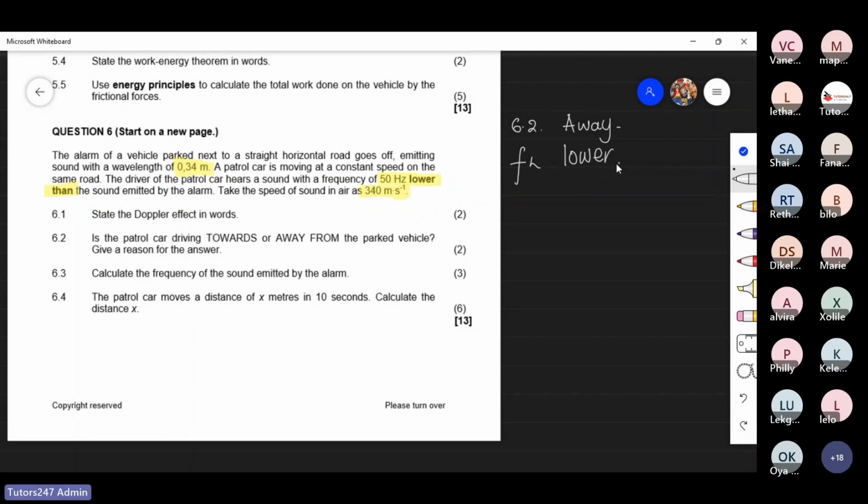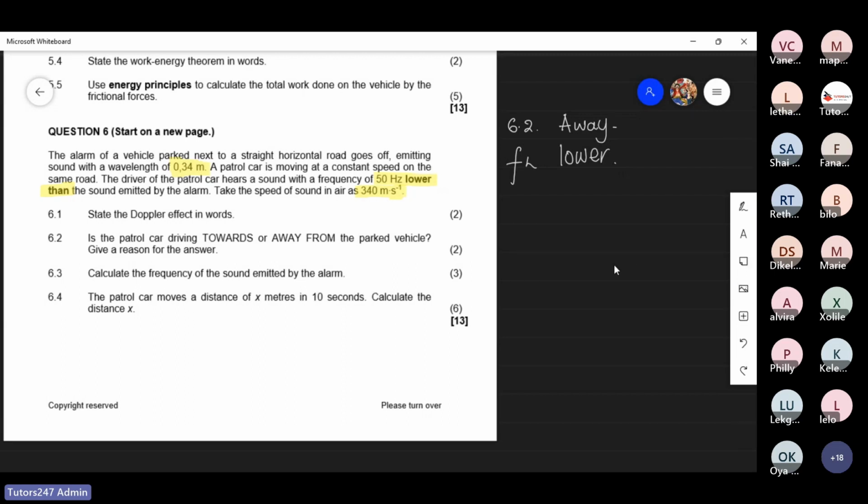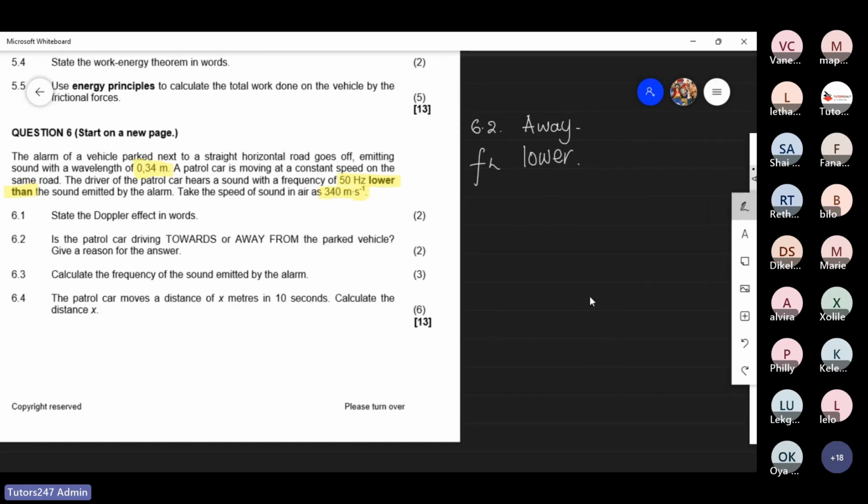You can write it out in full, I'm just going to keep it as short form for now. So the reason that we've stated that this patrol vehicle is moving away from our source is based on the fact that the question stated lower than.